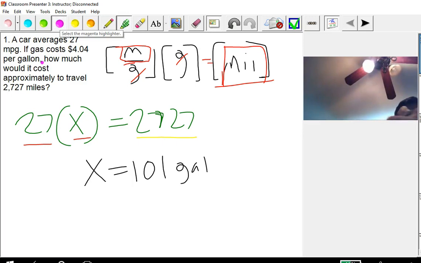Now we're not done there, because the problem's not asking how many gallons it takes. It's saying how much would it cost. Cost is the important word there. They give us the cost per gallon, so we're going to multiply that out. Let me check on my calculator on the side.